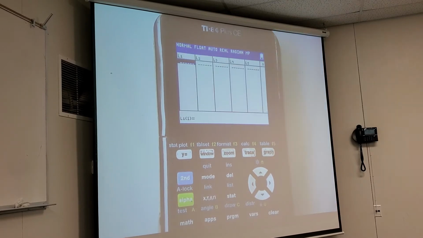And by the way, I wrote this down and made it accessible to you: the TI Graph and Calculator Guide, which is on the website, which you can print out anytime. You can't use it on a test, so don't get too excited.